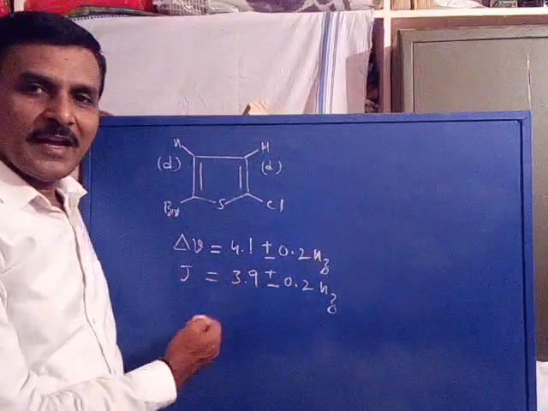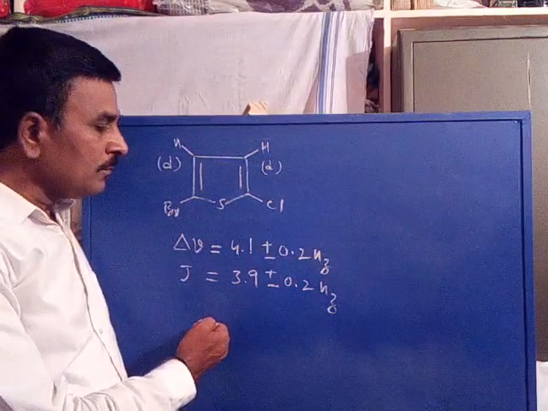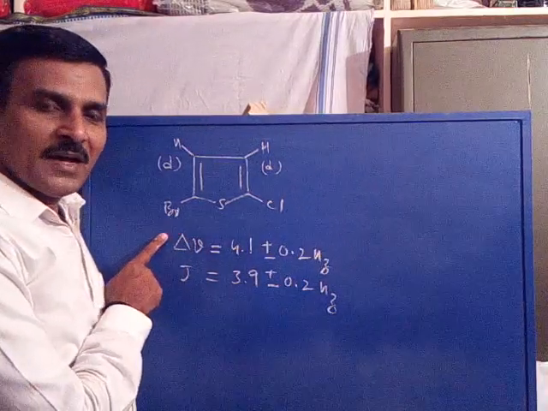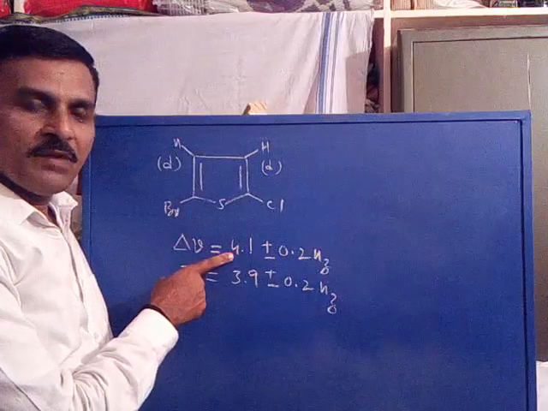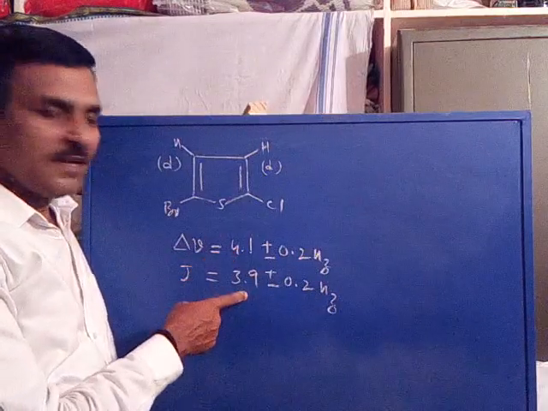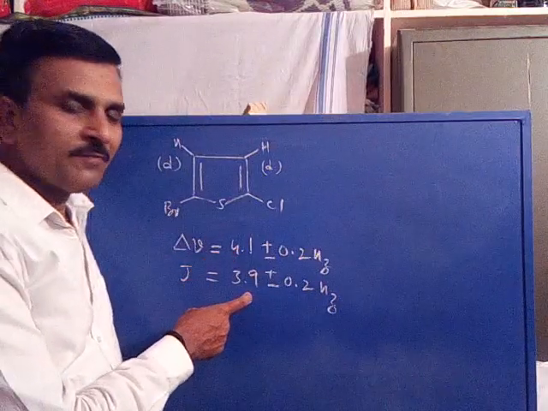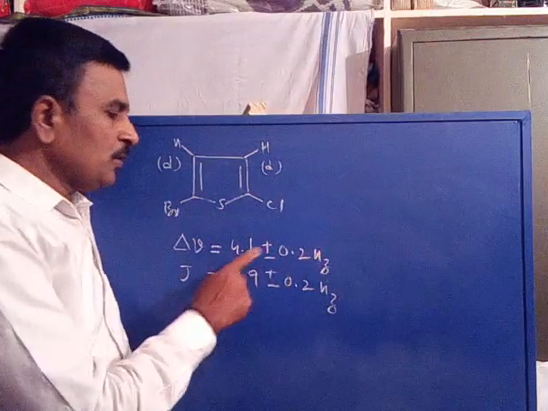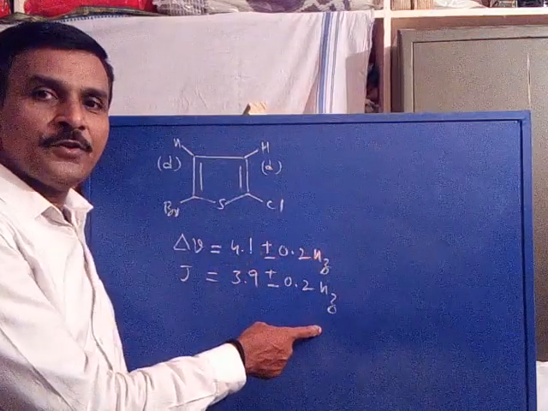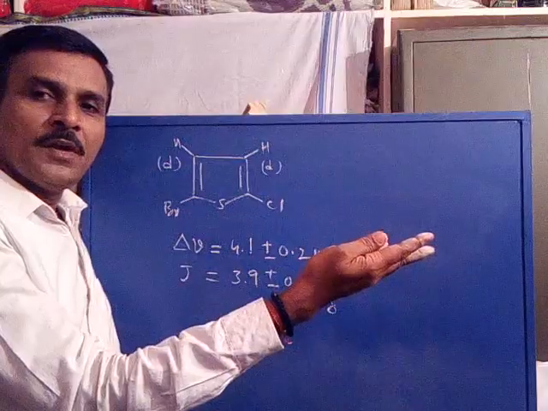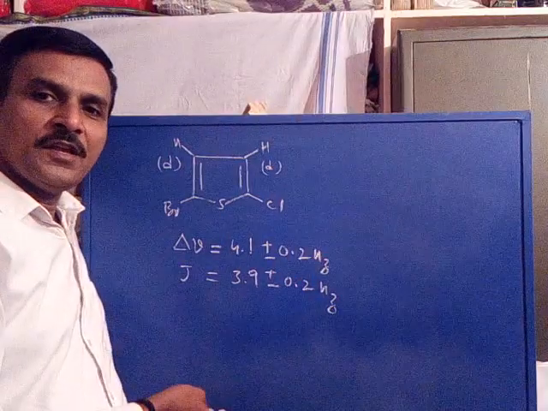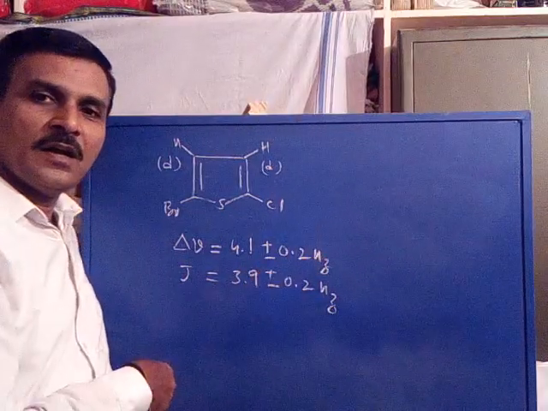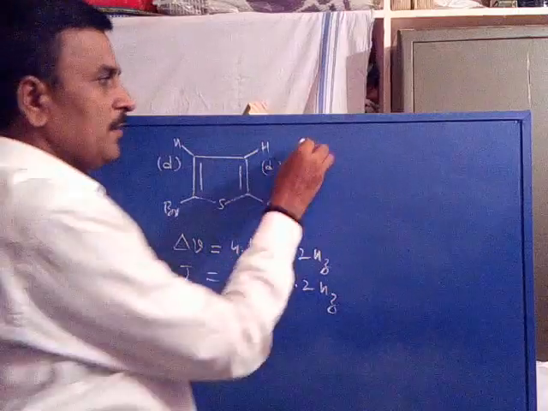The values are directly given. That is, the frequency difference is directly given, 4.1, and similarly the J value is given, 3.9. There is no need of further calculation. Both the values are in Hz units, so there is no need to change the units. Let us calculate.